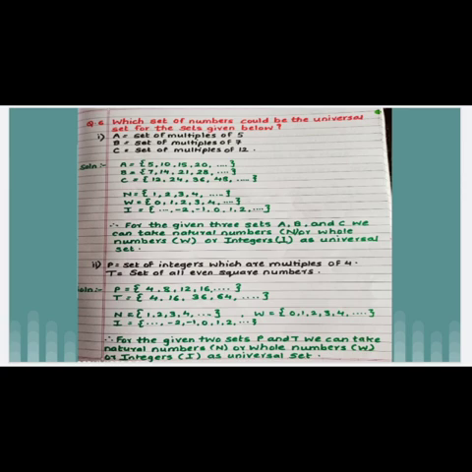Therefore B is the table of 7, that means 7, 14, 21, 28 and so on. Set C, the set of multiples of 12, that means numbers which come in the table of 12. So C = {12, 24, 36, 48, and so on}.